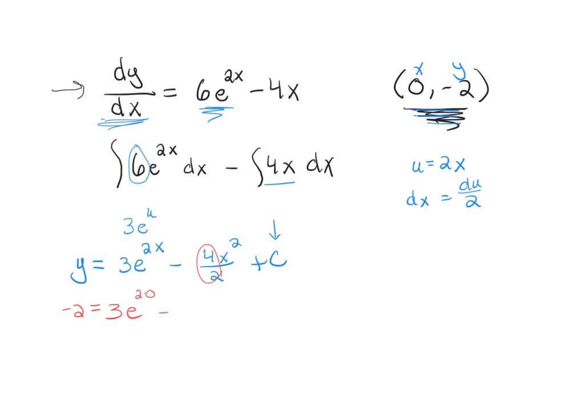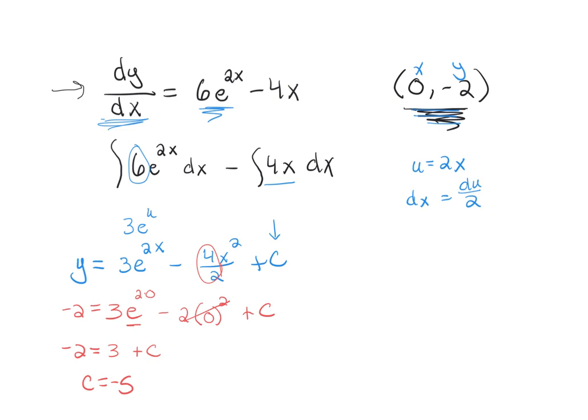Minus, this will just go down to 2, and then x is 0 squared, plus c. So -2 equals, this term cancels, this turns to 1, so I have 3 plus c, so c equals -5.